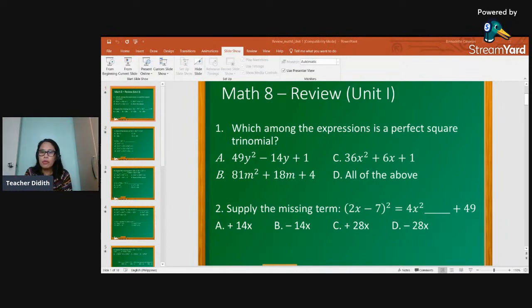In the first quarter, I was just able to discuss with you factoring using the GCF and factoring perfect square trinomial. Definitely, guys, this is not a perfect square trinomial. So, as what you have learned, we're going to work on the GCF first.